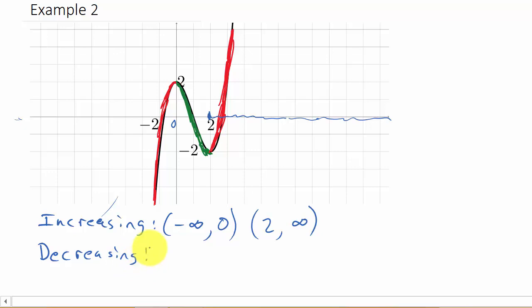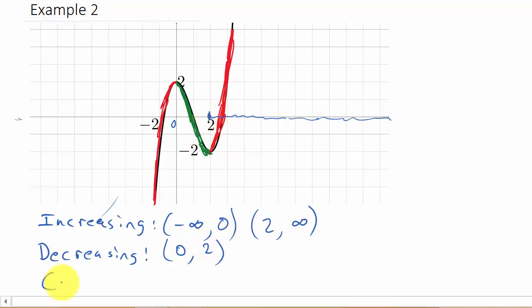We can see that it's decreasing over this little section. Where does it start decreasing? It starts decreasing right here, at an x value of 0. It's decreasing, decreasing, decreasing, and it stops decreasing at an x value of 2.